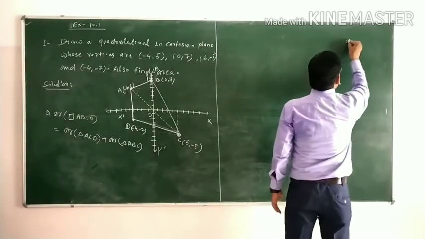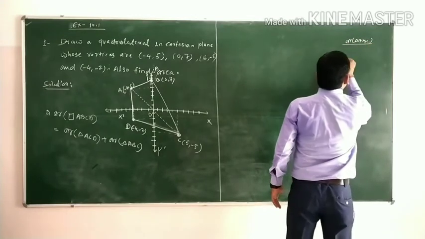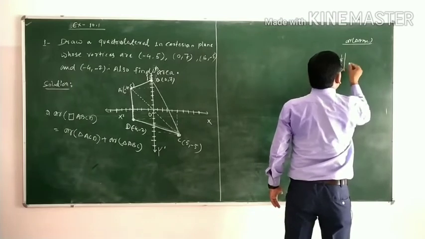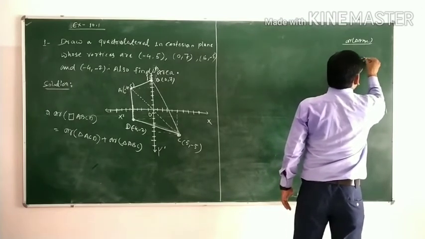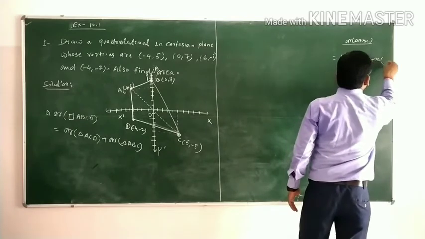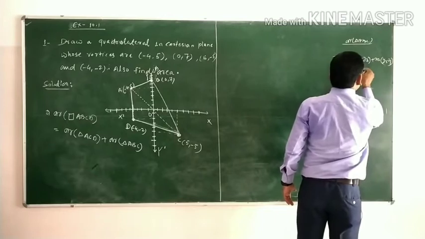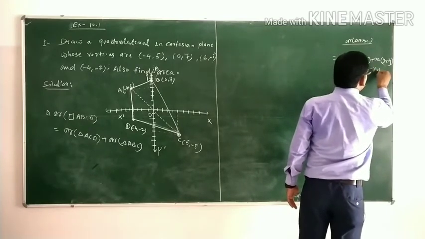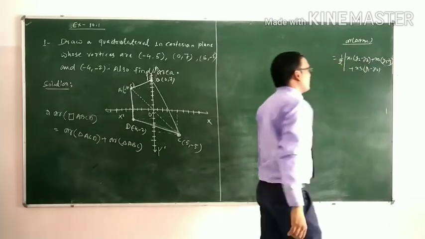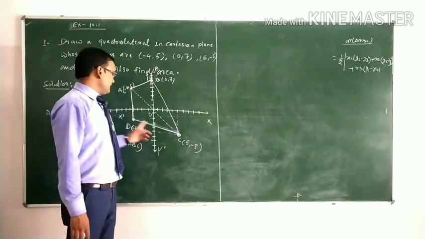Okay students, first we find the area of triangle ACD using the formula: area of triangle is equal to 1/2 mod of x1 into (y2 minus y3) plus x2 into (y3 minus y1) plus x3 into (y1 minus y2).